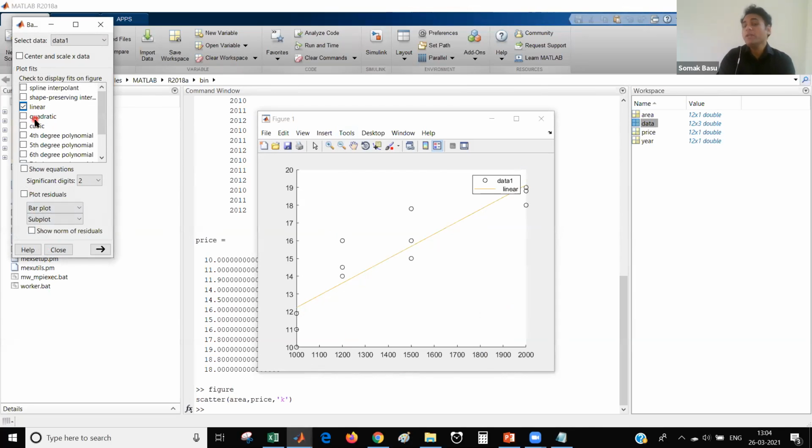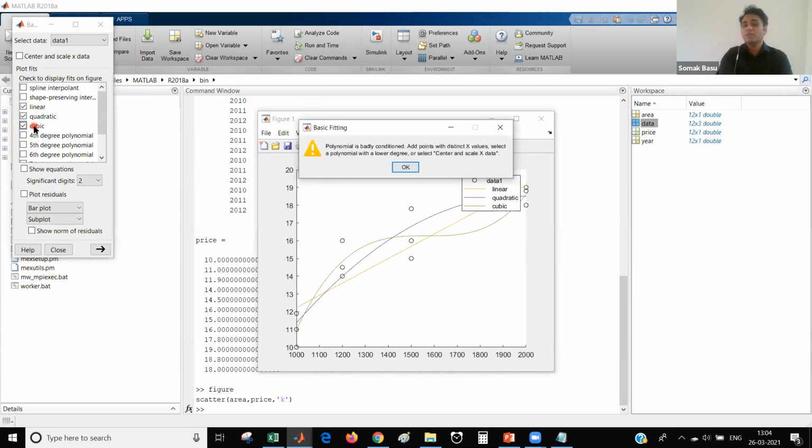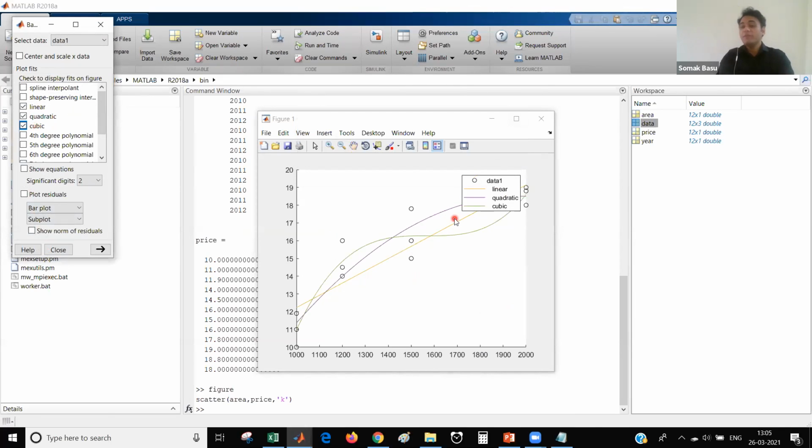You can also have a non-linear relationship like a quadratic relationship, something like this. You can also have a cubic relationship, something like this. So you can have different regression models. A regression model aims at finding the relationship between two variables. In this case, we are trying to find the relationship between the area of the house and the price of the house.